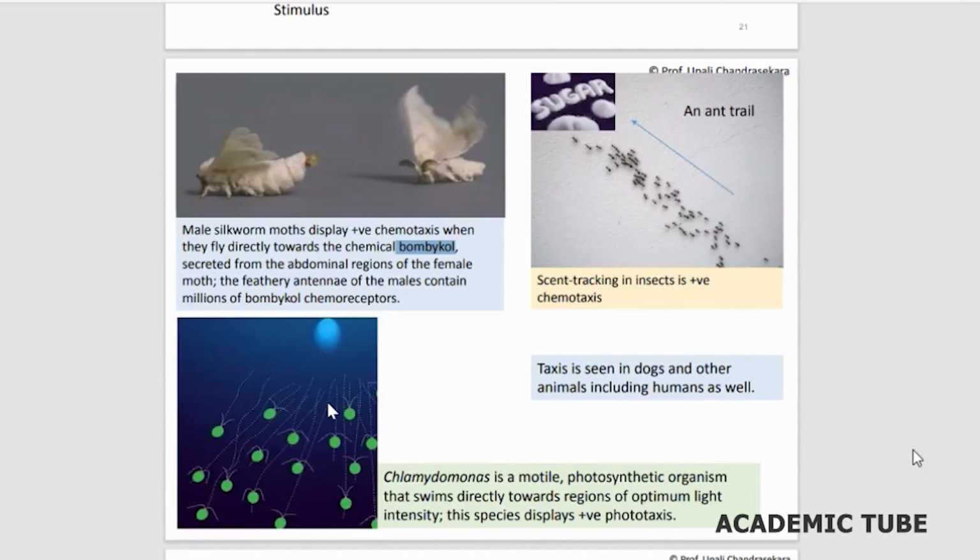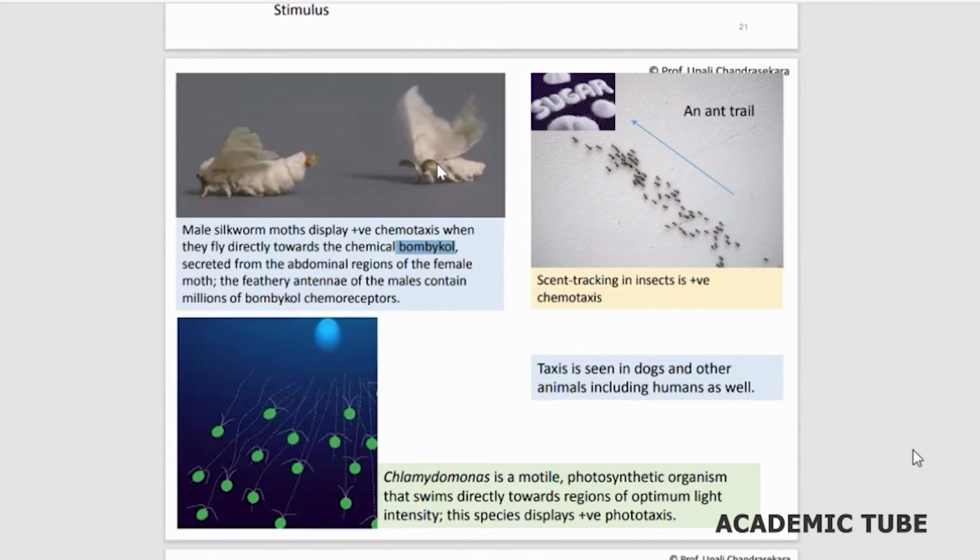A single molecule of bombykol is enough to stimulate a male. These males have feathery antennae whose surface area is very high, so they can catch one of those bombykol molecules carried by the winds.